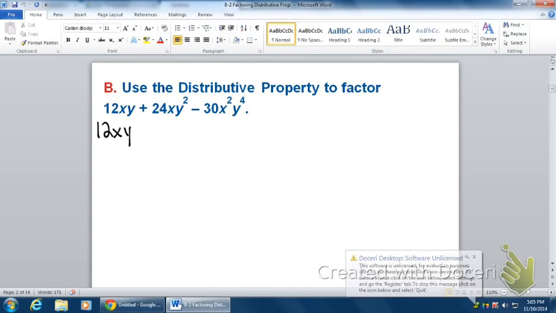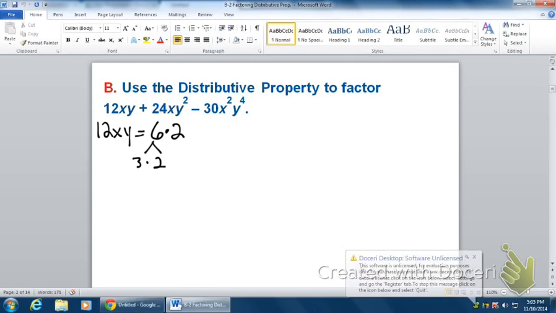Now, if you guys are understanding this, go ahead and move on. Then as I finish, you can check your answer. So to factor out this term, I know I can do 6 times 2. Now, can we factor out 6? Yeah. We can turn that into 3 times 2.